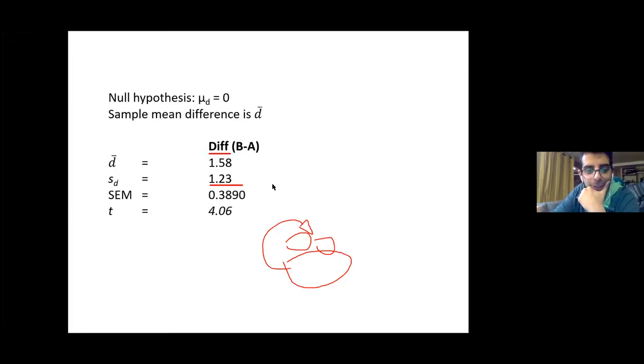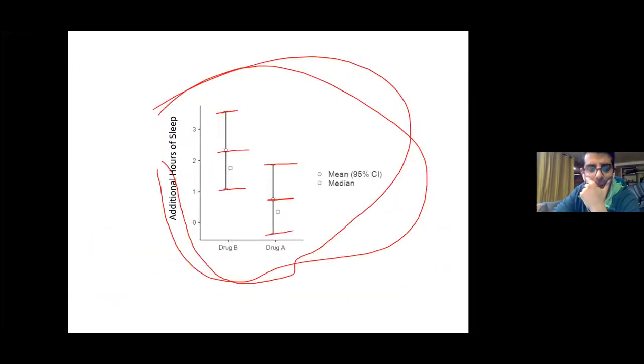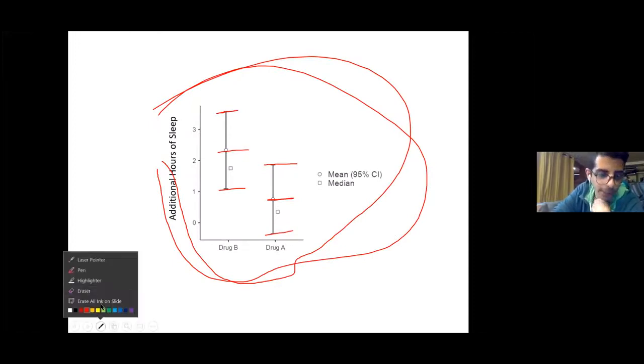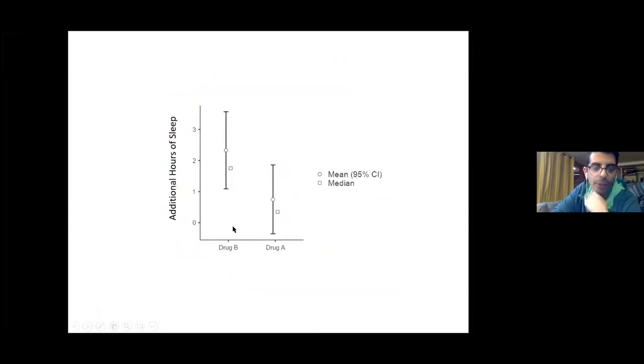Okay, so let's go back to where it was. This one. So let me erase the ink. So look, here he's giving you the confidence interval for each drug. So this is a lot easier to look at. Remember when I was telling you that if this confidence interval does not touch the mean, is this considered significant or not significant?